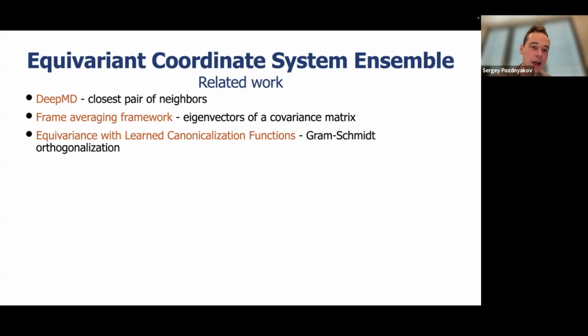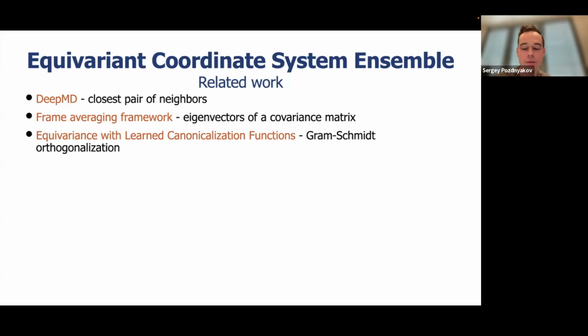The final paper I wanted to mention is this one, equivariance with learned canonicalization functions. The idea here is that we introduce some auxiliary small equivariant neural network that predicts some raw vectors for our input three-dimensional point clouds.